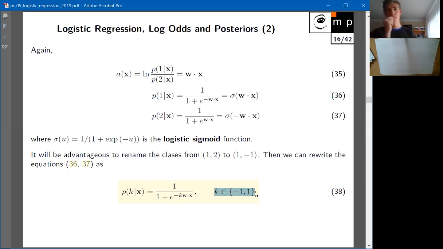Of course, classes can be called A or B, but if we do it like that, this avoids an if statement. Equations 36 and 37 could have had class A here and B here, or any other name, male, female, whatever. But if we choose minus and plus 1 as a convenient symbol for the class, we can write it compactly in here. Okay, so now we know the probabilistic model.